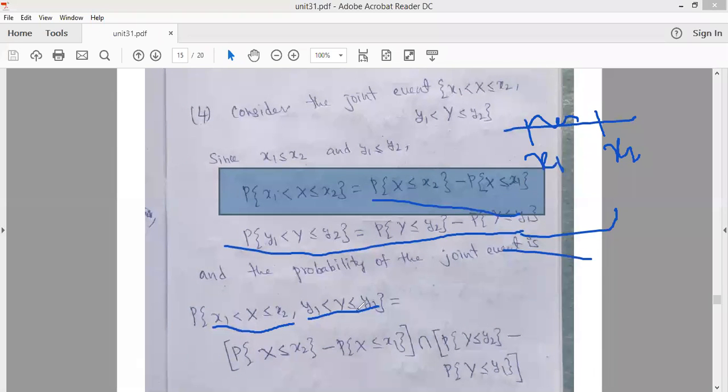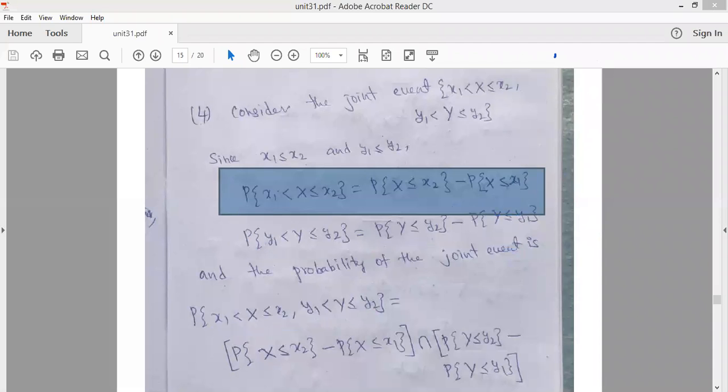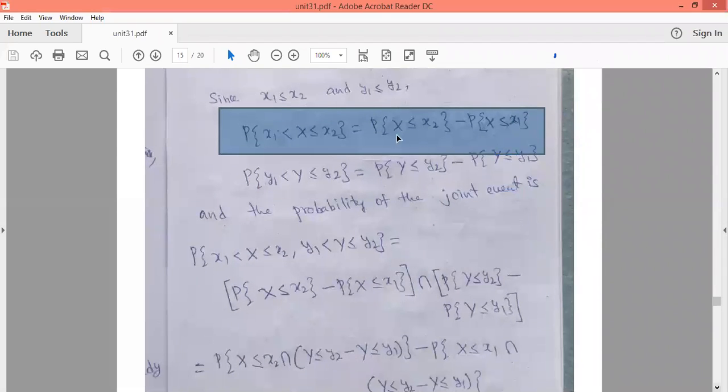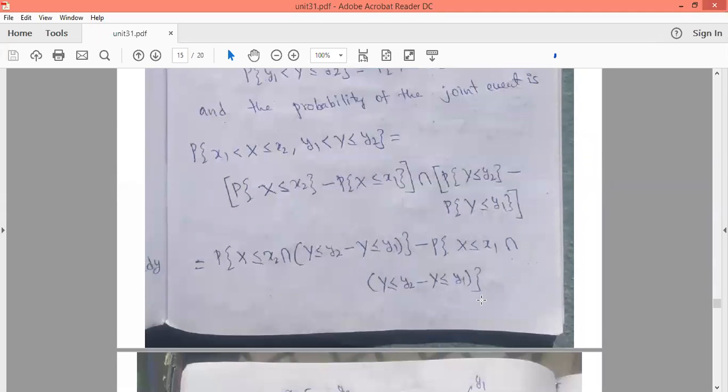Similarly for y1 less than y less than or equal to y2. The same thing is represented here: probability of x less than or equal to x2 minus probability of x less than or equal to x1, intersection probability of y less than or equal to y2 minus probability of y less than or equal to y1.